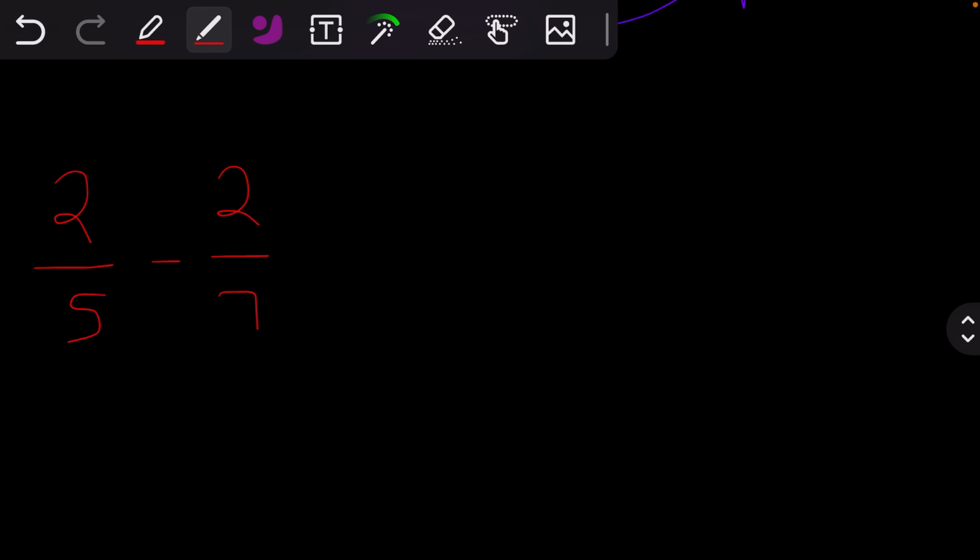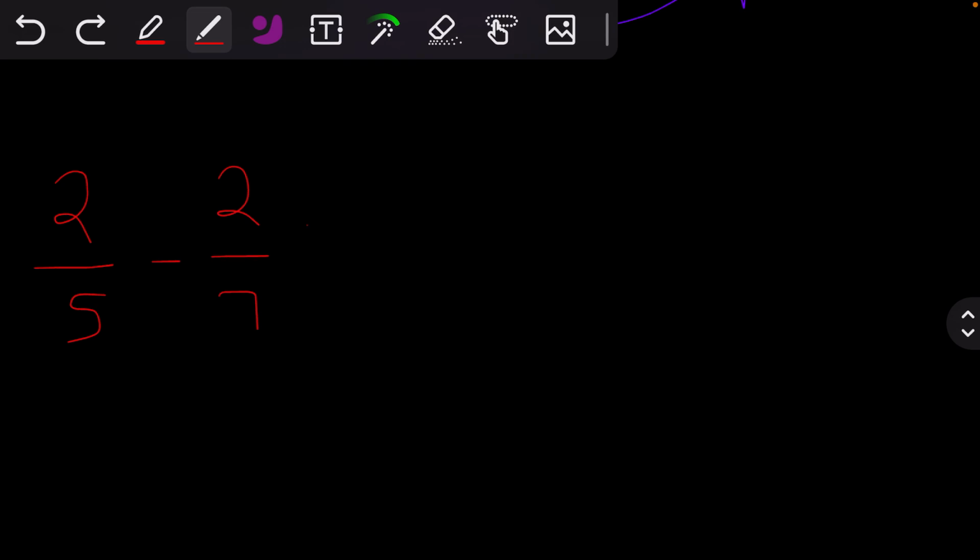Again, the first thing that we want to observe is the denominator. How many pieces are each of these fractions cut up into? This first fraction is cut up into 5 pieces, and the second one is cut up into 7 pieces. That's going to be a problem when we get down to the subtraction and computation.